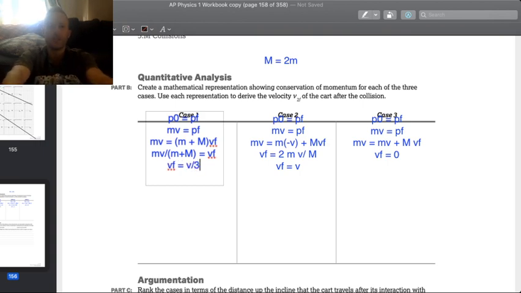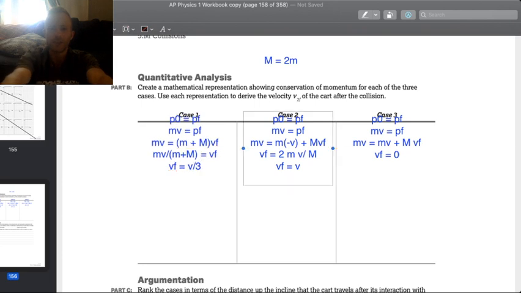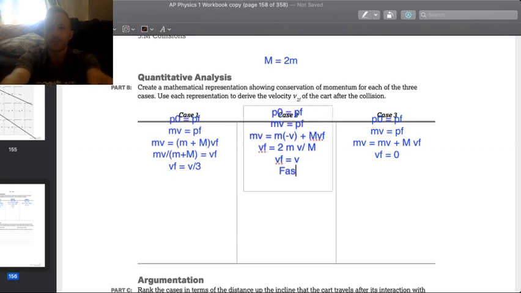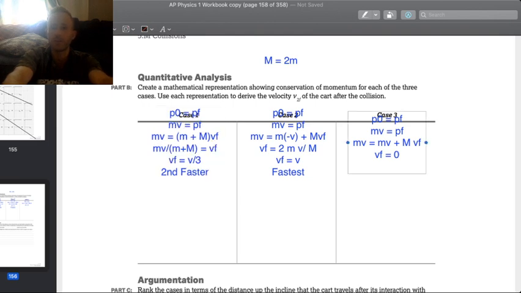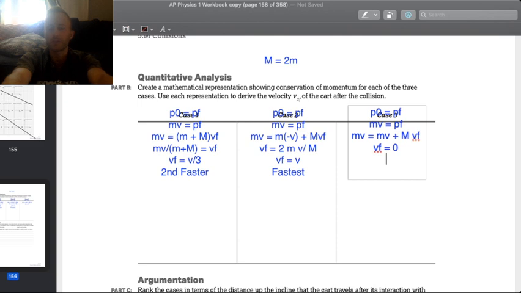So we can see that this case is the fastest. The cart ends up the fastest in the end. This cart is the second fastest afterwards, because that's v over 3. And this one is the slowest.